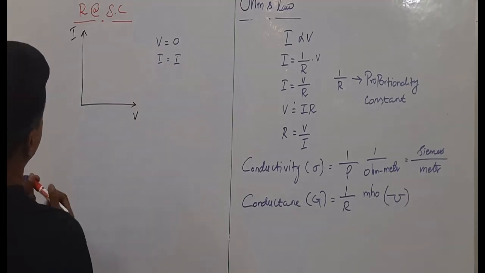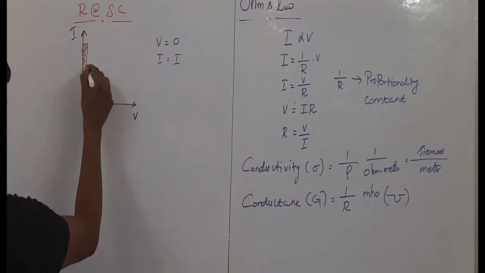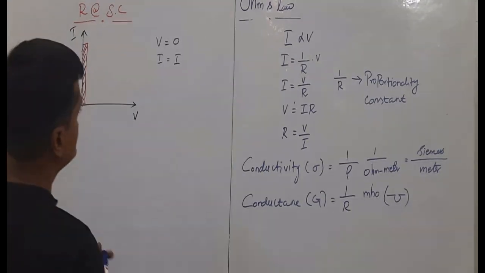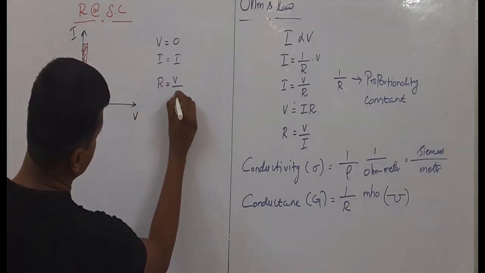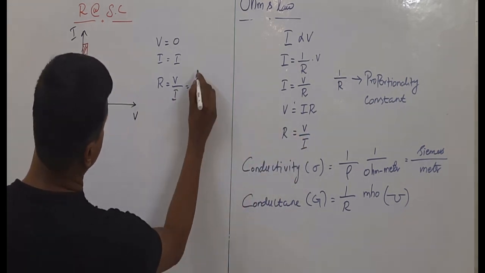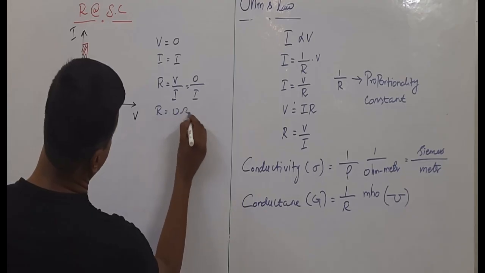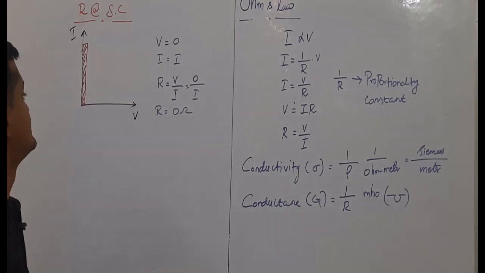We have only current. So V equal to 0, R equal to V by I, putting 0 divided by I, R equal to 0 ohm. At short circuit condition, the resistance is 0.